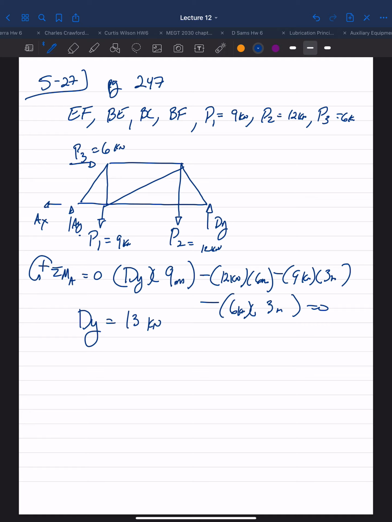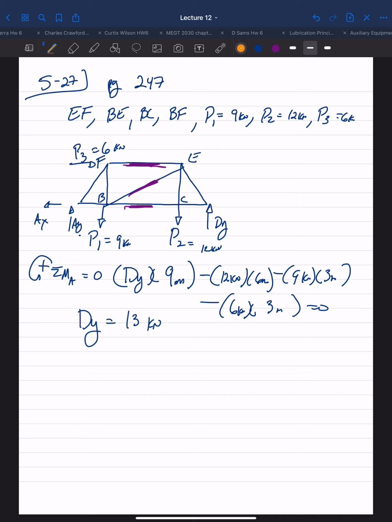Okay? And they want to know the forces in EF. This is F, this is E, this is B, this is C. So EF is right here, BE and BC.